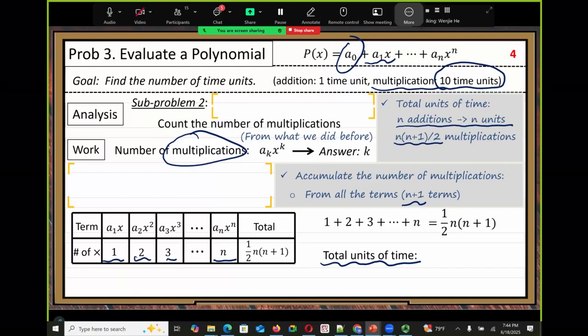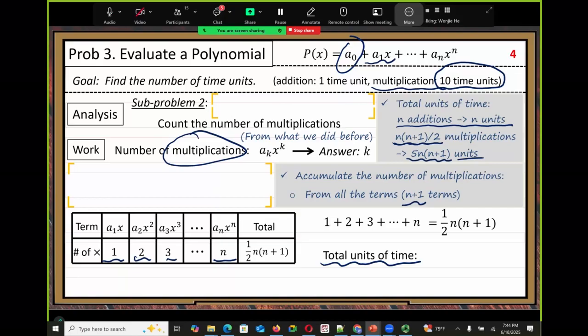That means we need to multiply this number by 10. 10 over 2 is 5, so the units number is 5n times n plus 1 for the multiplication part.